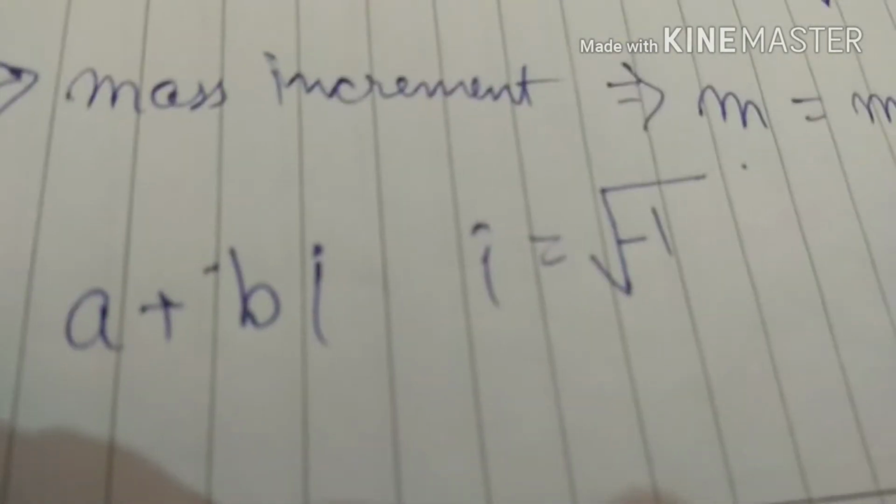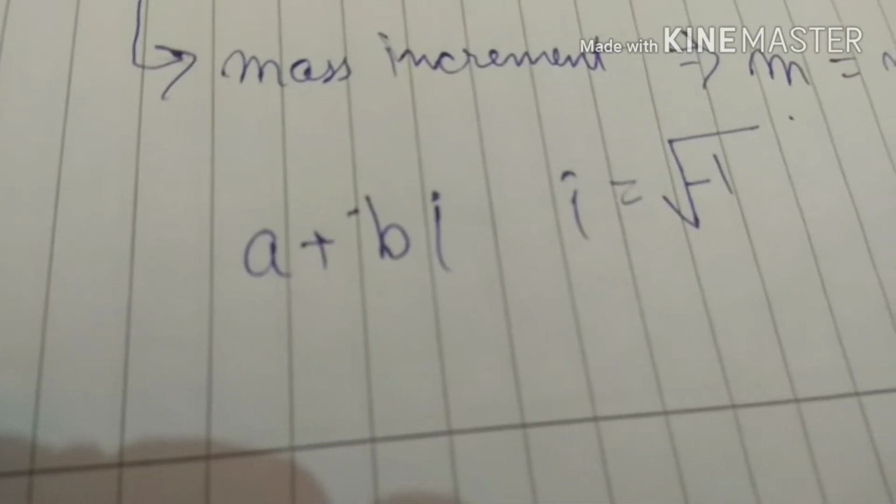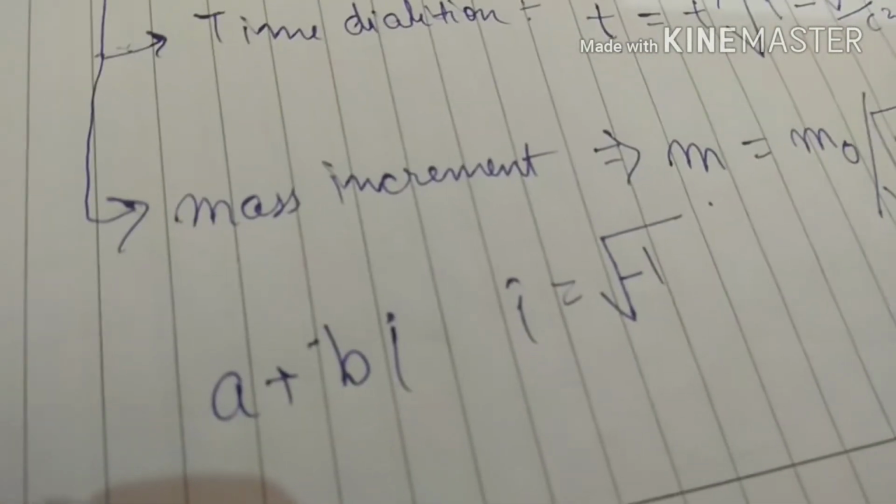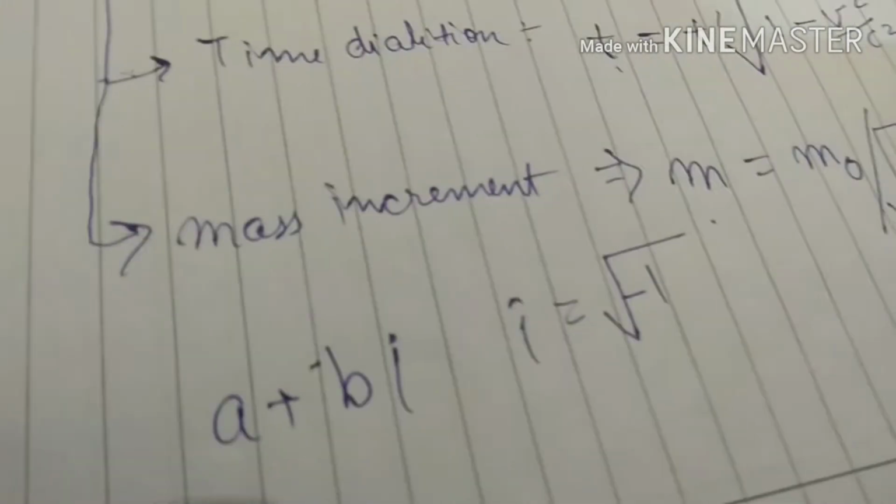So it's very interesting: how can we solve the under root of minus 1? We cannot solve it, so it is an imaginary number, and we will learn about this more deeply in our next videos.